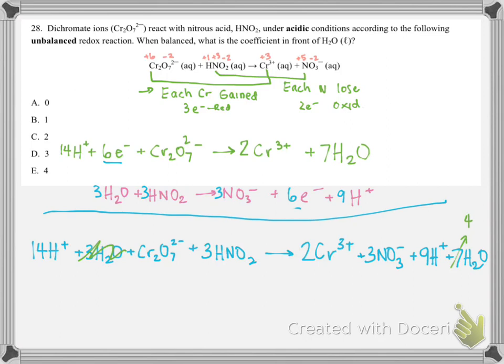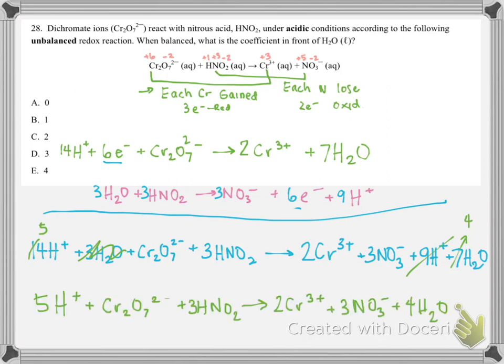And then I'm going to have those 9 protons cancel, and I'll have 5 protons left on the left. And so then I can see that I would have 4 waters in my final equation. And this is balanced in acidic conditions, and you can see that because we have these excess protons in the reaction.